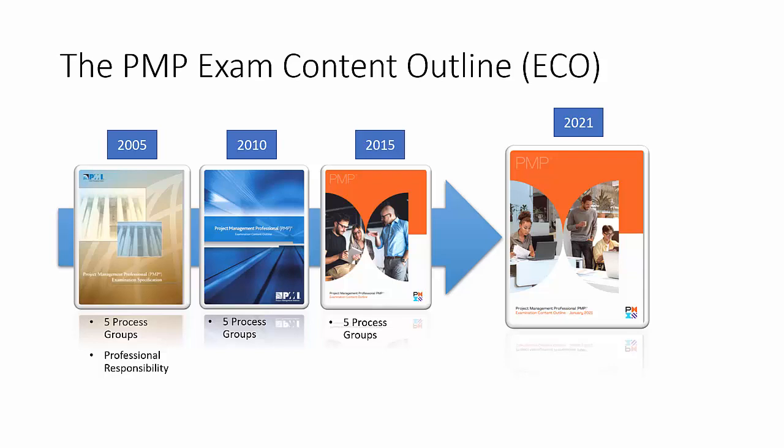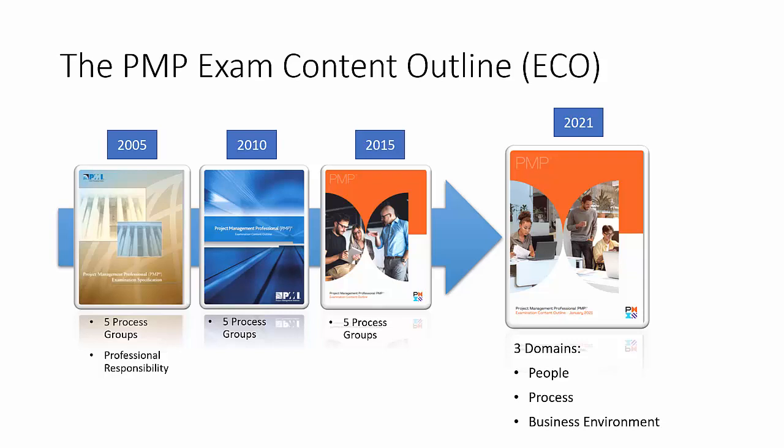Today, the new ECO is built around 3 domains: people, processes, and the business environment. These are not the same domains as the ones that we see in the PMBOK 7. I'll have a short recap on that. So as you can see, there has been an important shift also from the exam content outline perspective.